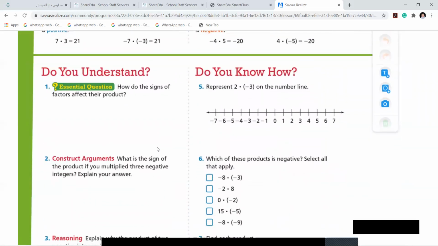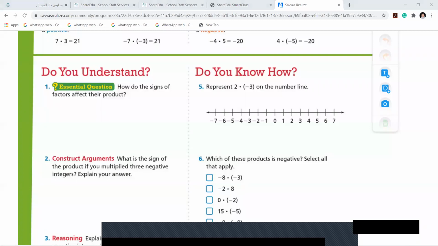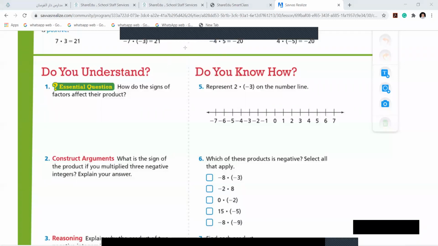Now let us represent 2 times minus 3, girls. Simple. What is 2 times minus 3 first, Sammy? It's minus 6. Start from 0 and go to minus 6. What is the answer? 2 times minus 3? Minus 6, right? They are asking me to represent.